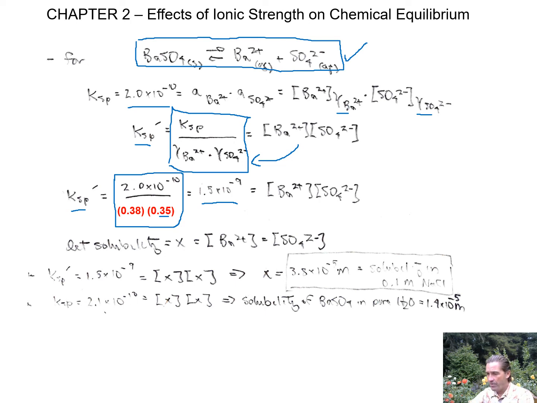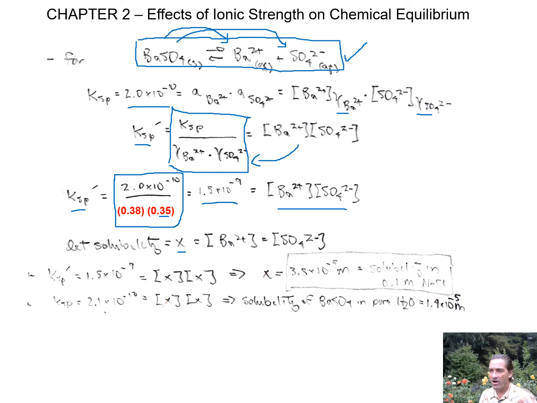And so that new K value equals barium concentration times the sulfate concentration. I'm going to let the solubility equal X. I can see that for every one of these salts, I'm going to make one of these and one of these.